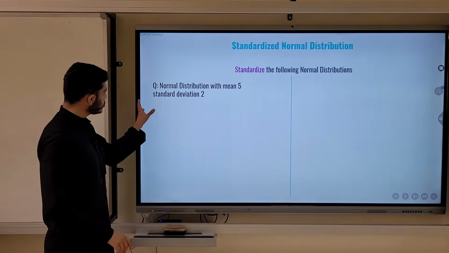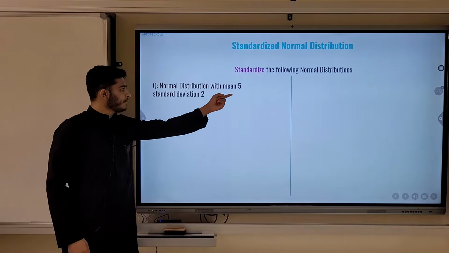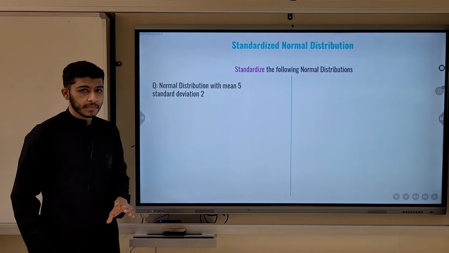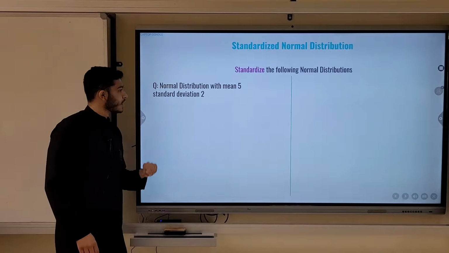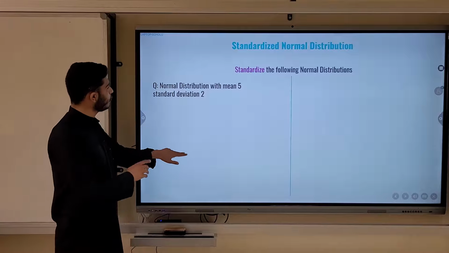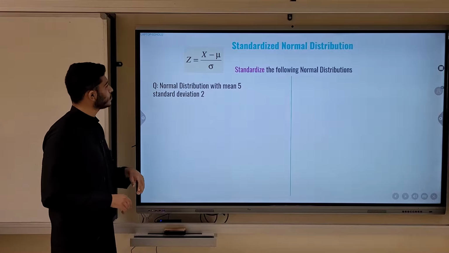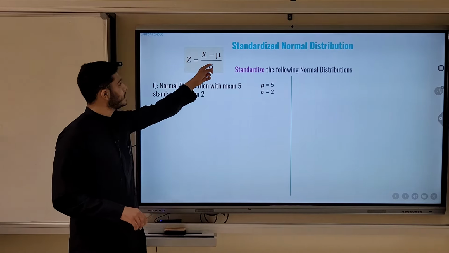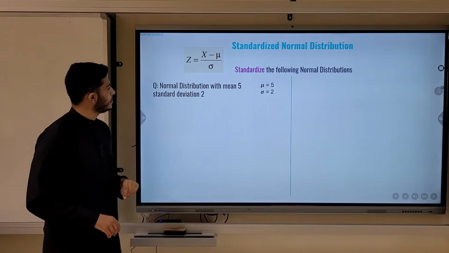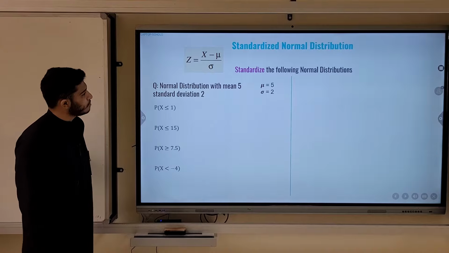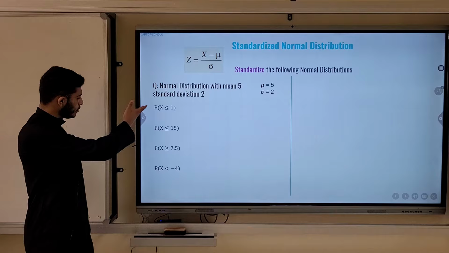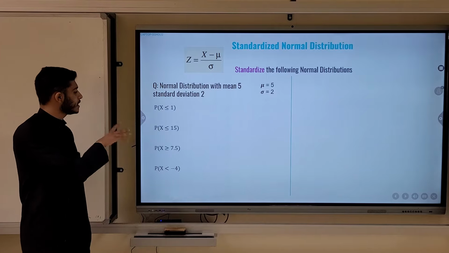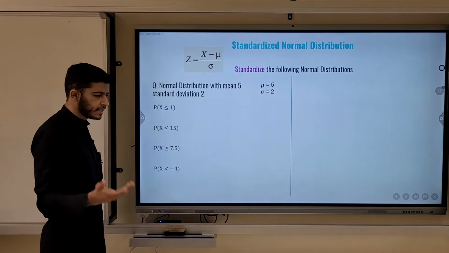We're going to have this normal distribution with mean 5. Of course, we are always given the mean in the question, and the standard deviation of 2. Let's put the formula we're going to use, and let's put the parameters that we are going to need, because we need mu and we need sigma in this equation. Let's see the following probabilities that we need to standardize.